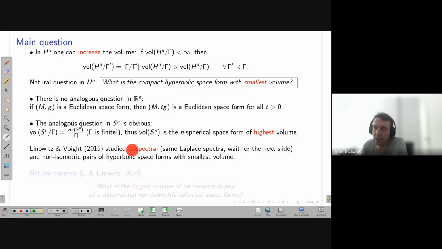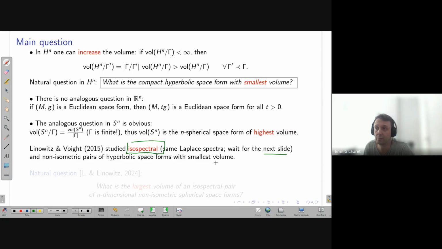Let me wait until the next slide for the rigorous definition of isospectral. But roughly speaking, it means the Laplacians have the same spectrum. And they studied this question in the hyperbolic setting.